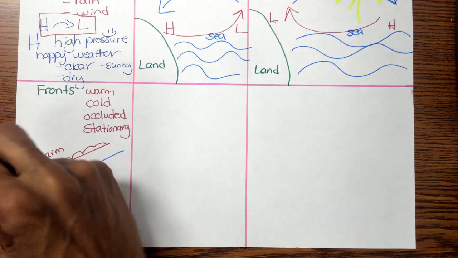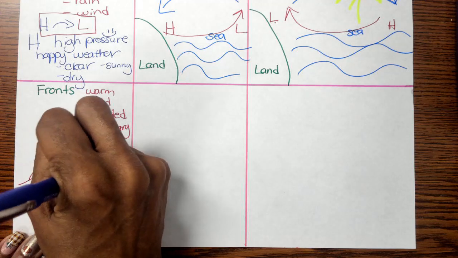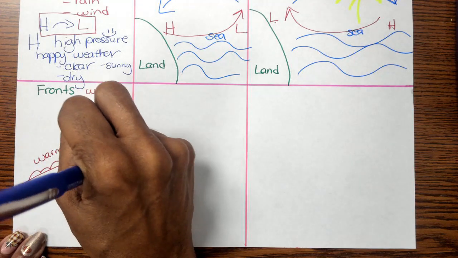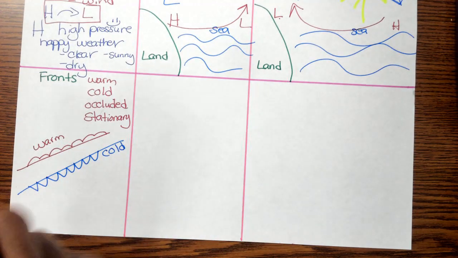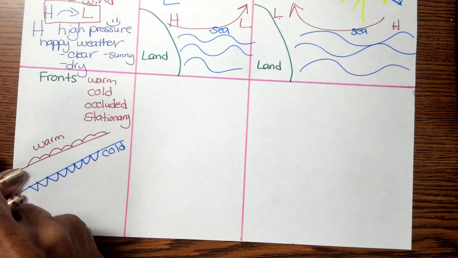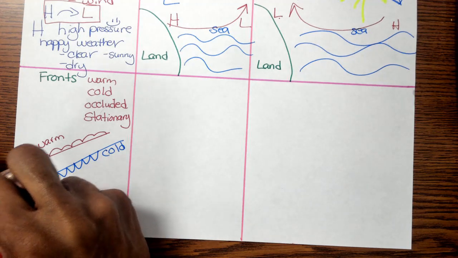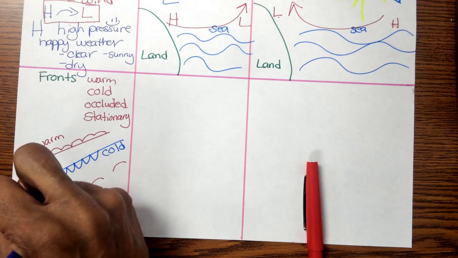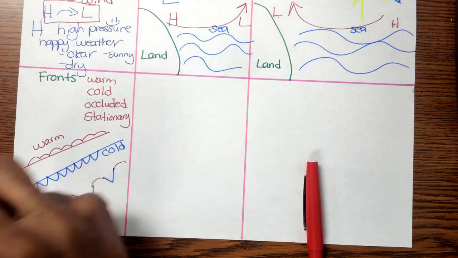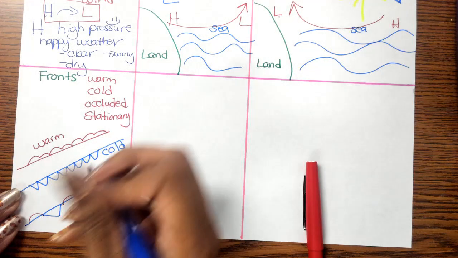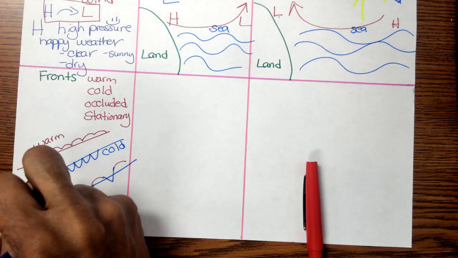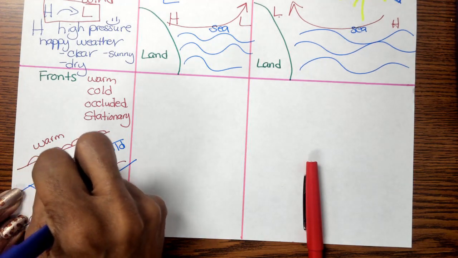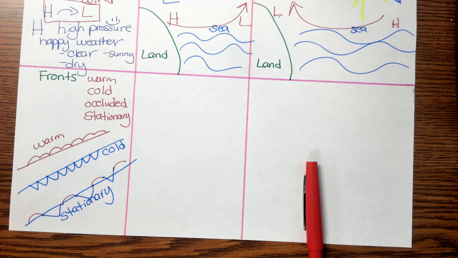This is your cold front. This is your stationary front. And let me find my purple for the occluded front.